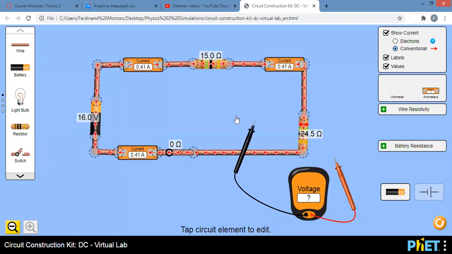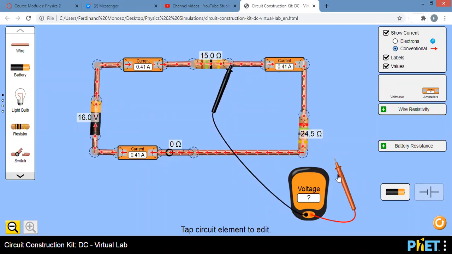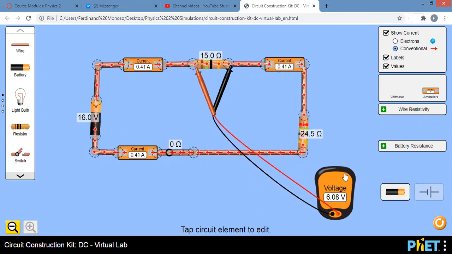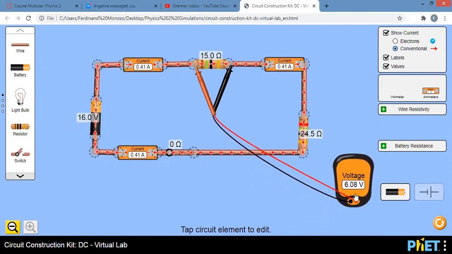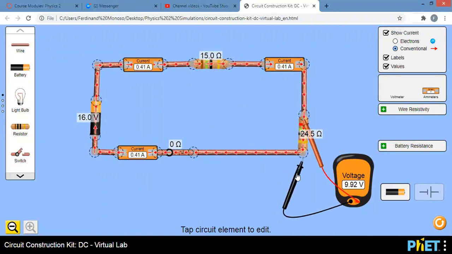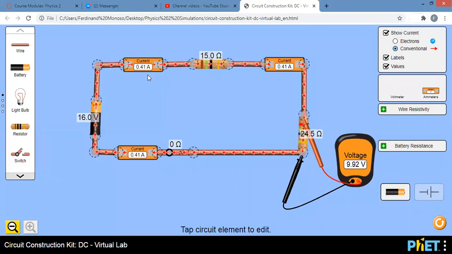Now for our voltmeter, let's connect the voltmeter in parallel to our device. And we record a value of 6.08 volts. Please jot down V1, 6.08. Our V sub 2 is 9.92. Please record, and then with the corresponding I1, I2, and I total.